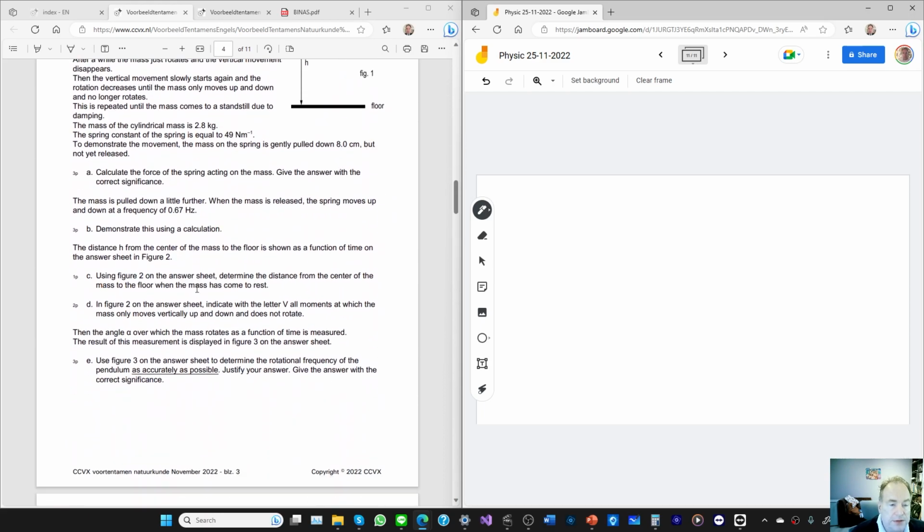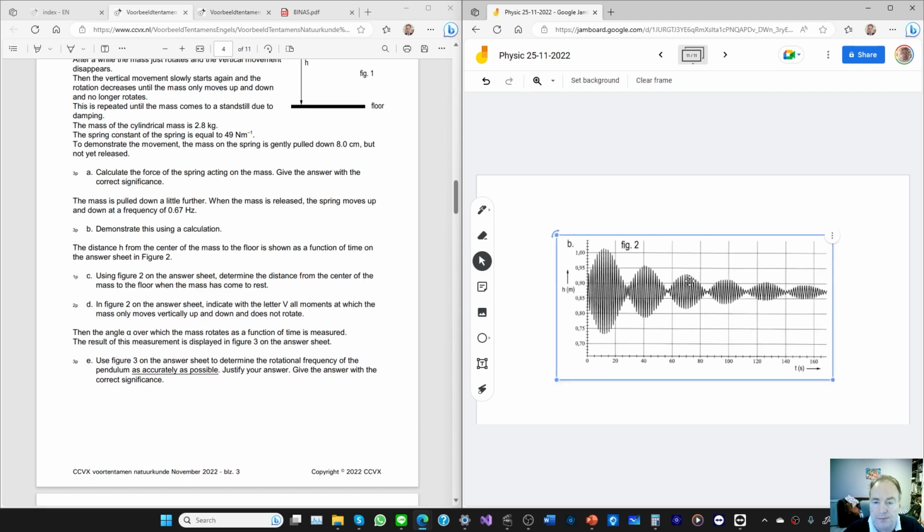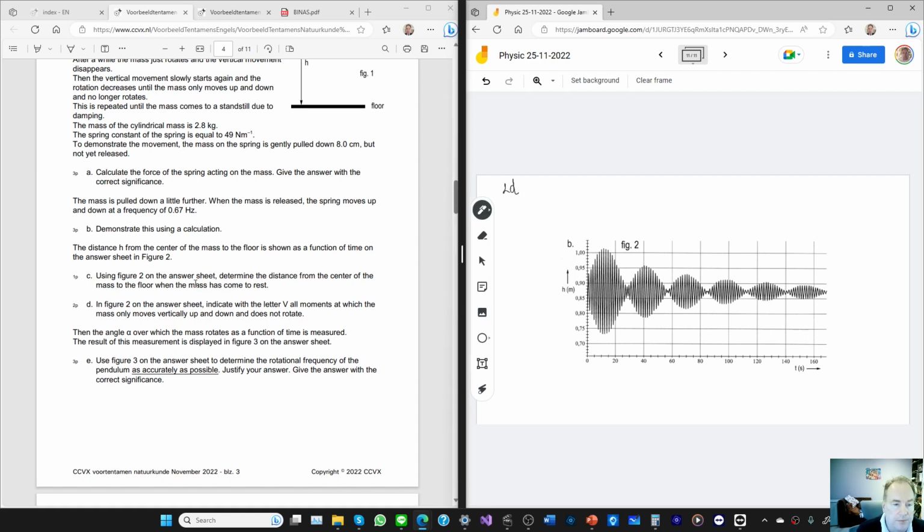In figure 2, on the answer sheet, indicate with the letter V all moments at which the mass moves vertically up and down and does not rotate. So it moves vertically up and down and does not rotate at all.